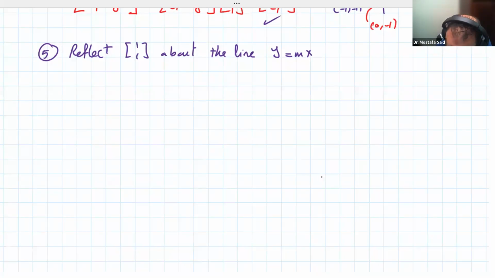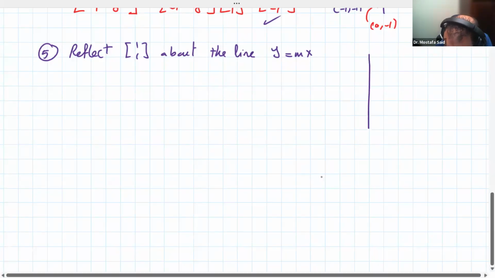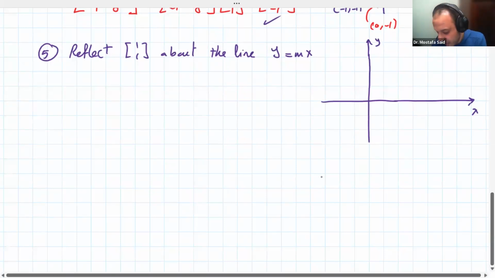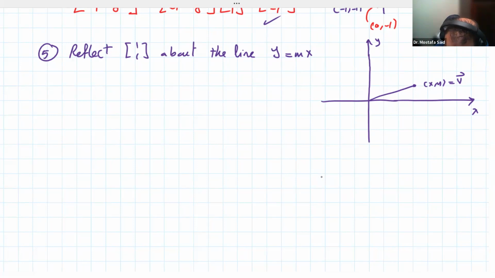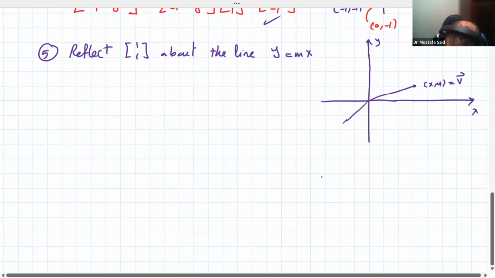So assume this is our axis here, y and x. And let's assume this is, for example, the vector v, which has two coordinates x and y. And we want to reflect it around a line called y equal to mx.